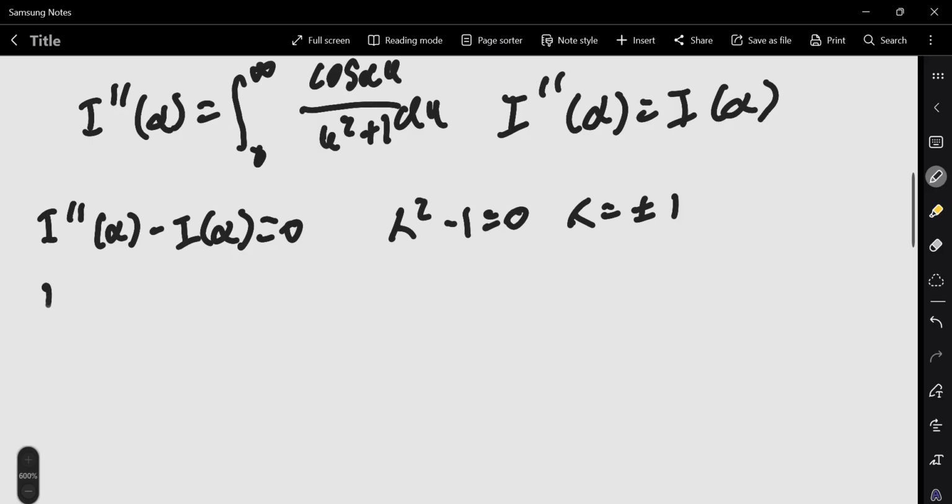So we can say I of alpha equals A e to the alpha plus B e to the minus alpha. Did I use alpha or t? I used alpha. Sure. So now use the condition as alpha goes to infinity. Because the integral is bounded by 1 over 1 plus u squared, we know that I goes to 0, so A is 0, is what we're saying.